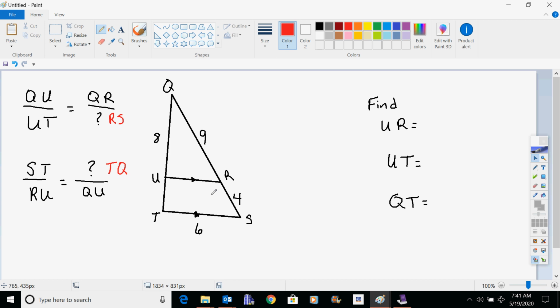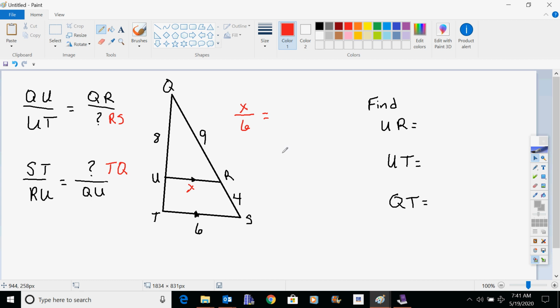However, what we can do is think in terms of the proportional triangles here. UR on the small triangle, we're going to call that X. Okay, X is in the same position on the small triangle as 6 is in the big triangle.